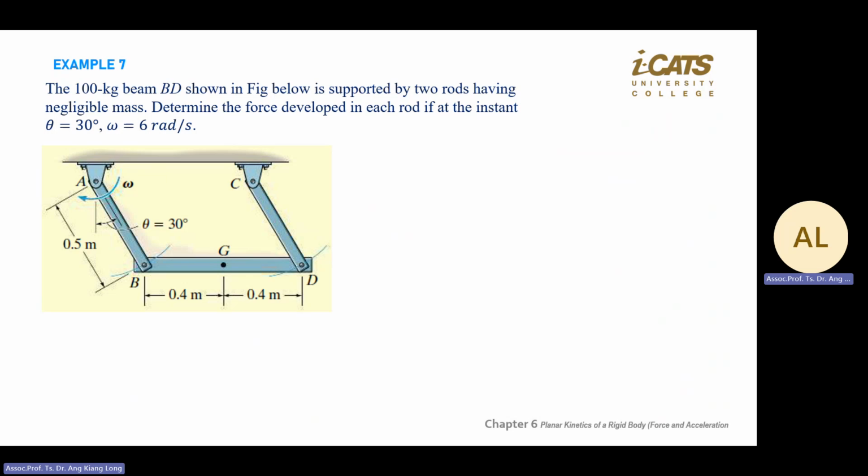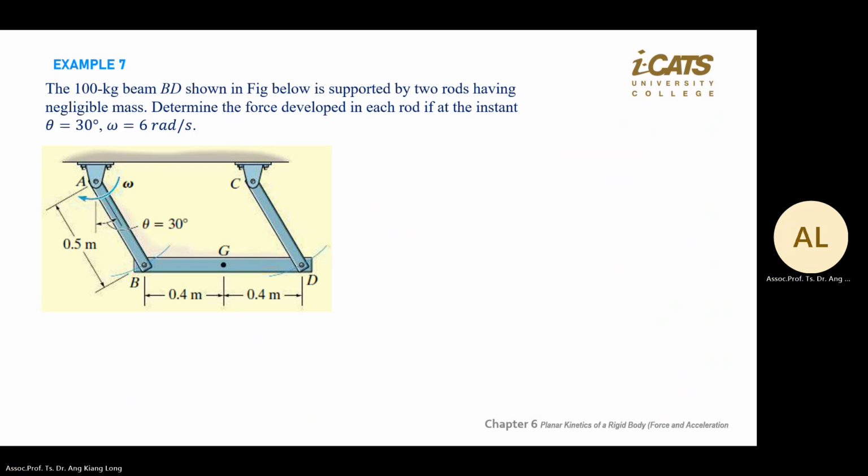See right hand rule, okay? Now, on this diagram you need to find the force developed at each rod, which means you need to find AB, CD, and BD.